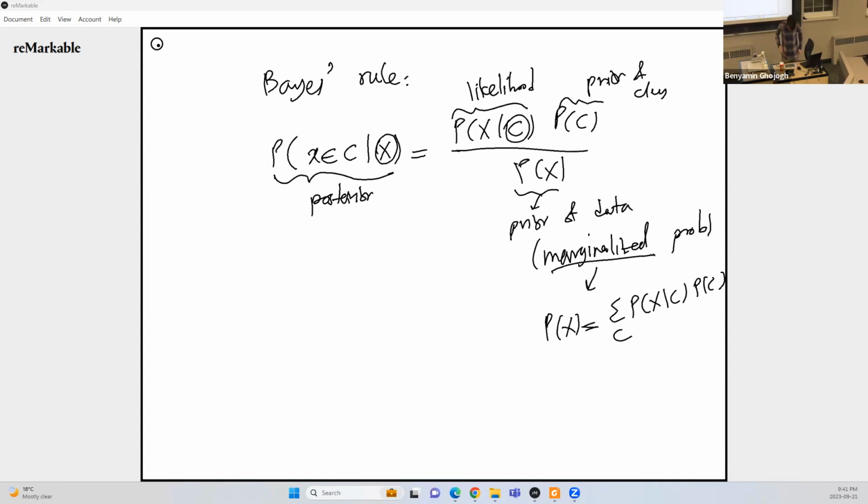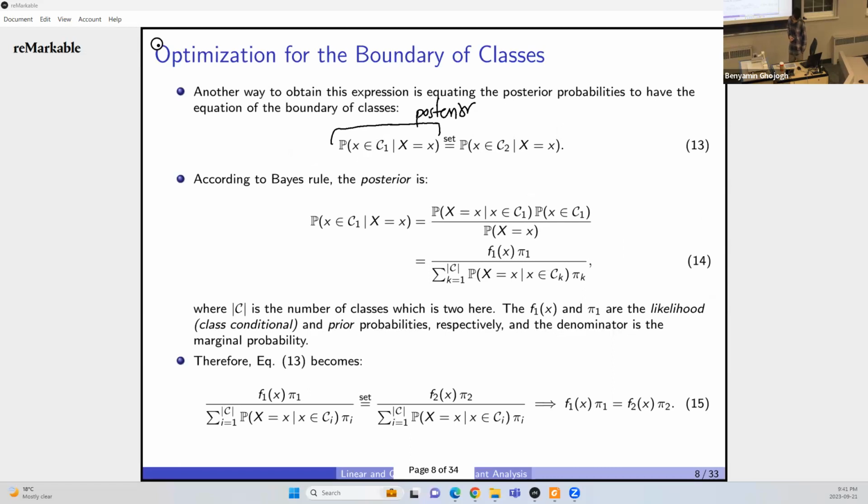Okay, so let's continue where we were. Now we can say the decision boundary is where the posteriors are equal to each other. Set them equal to each other. In this way, you don't need to do optimization. We just solve this. Let's use the Bayes rule. According to the Bayes rule, this is the posterior, right? So I can rename it to F1 of X. Why? This is exactly the PDF for class 1, right?